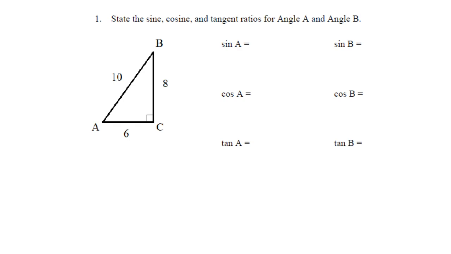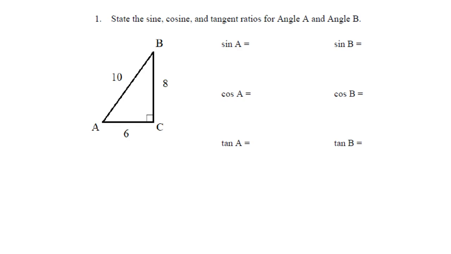Remember how you developed them. We had a right triangle, but we also put the 40-degree angle in there, and we named all of our sides based on the 40-degree angle. My trig ratios are from the perspective of an angle.